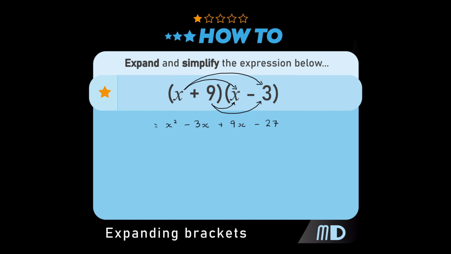The expanded expression is therefore x squared minus 3x plus 9x minus 27, and minus 3x plus 9x is equal to 6x. So the simplified expression is x squared plus 6x minus 27.